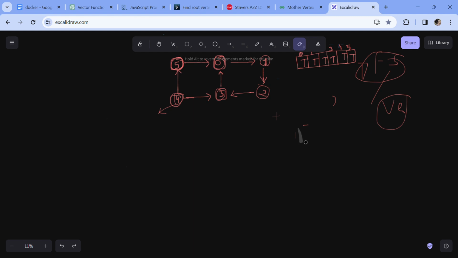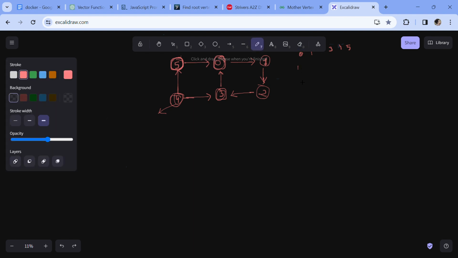So what will be another approach for this problem? Another approach will be, okay, we have to visit every node once.